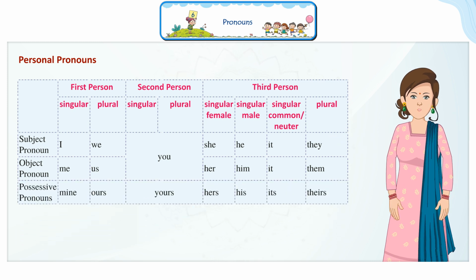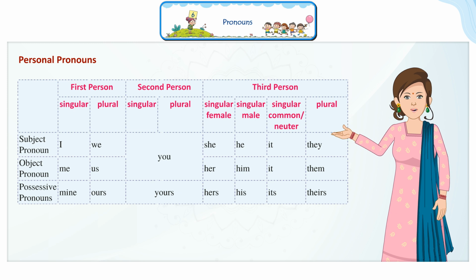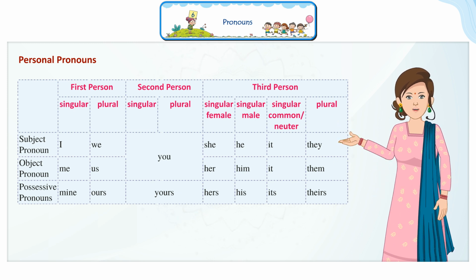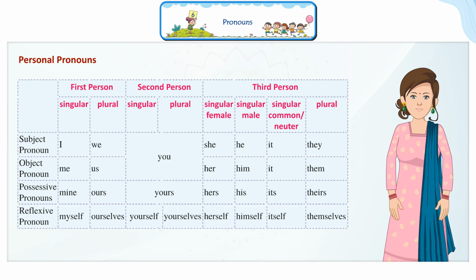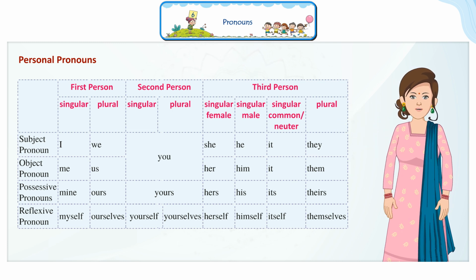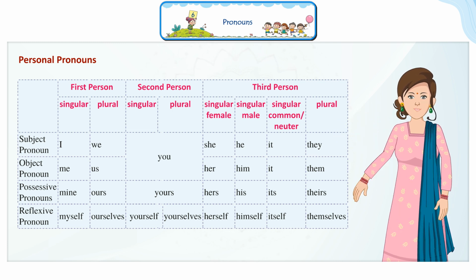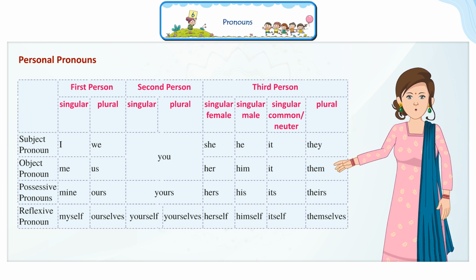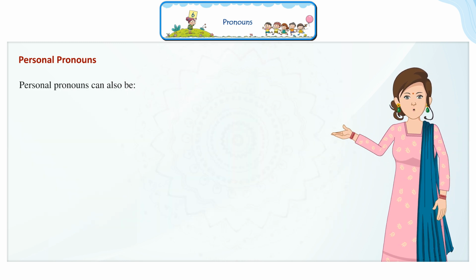Possessive pronouns: mine, ours, yours, hers, his, its, theirs. Reflexive pronouns: myself, ourselves, yourself, yourselves, herself, himself, itself, themselves.